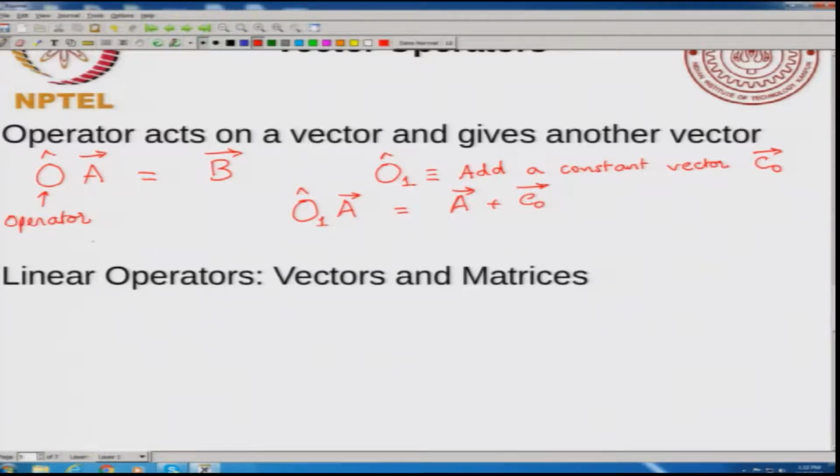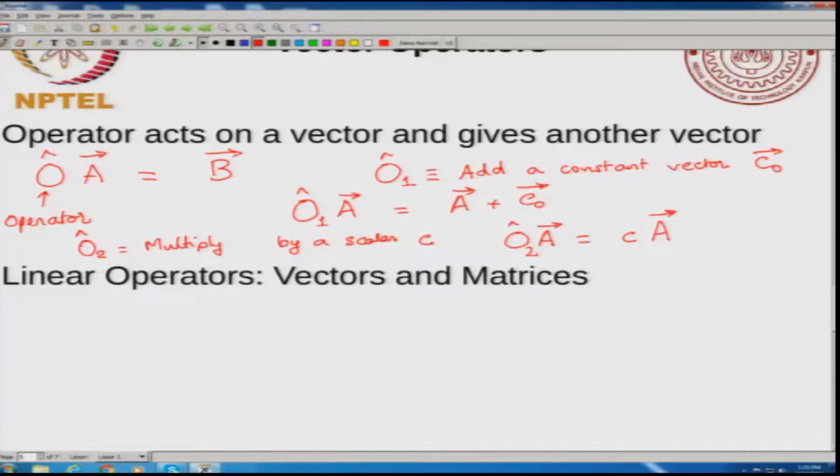You could have operator O2: multiply, whatever the vector is, by a scalar C. So, for example, if you have operator O2 acting on A, you will get C times A. So what you saw is an operator that adds a constant vector C0, and this is an operator that multiplies by a constant C.